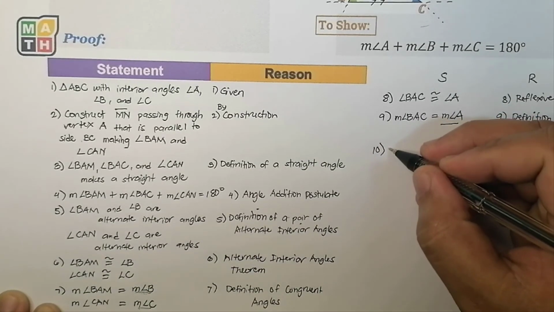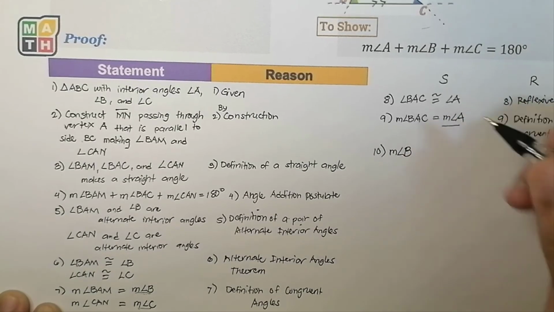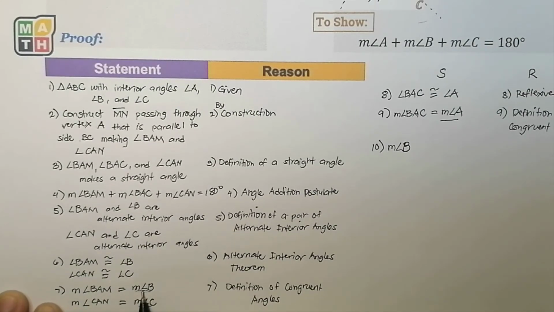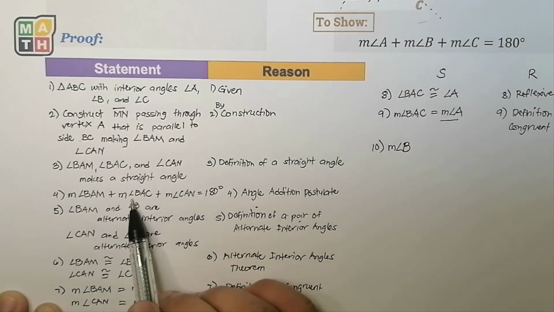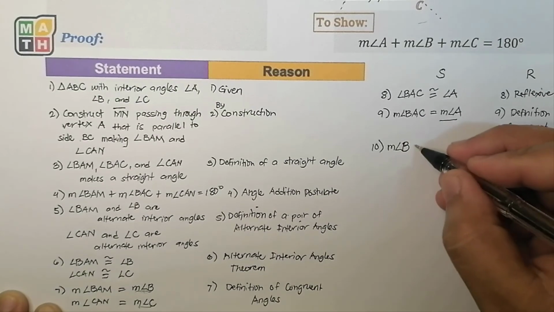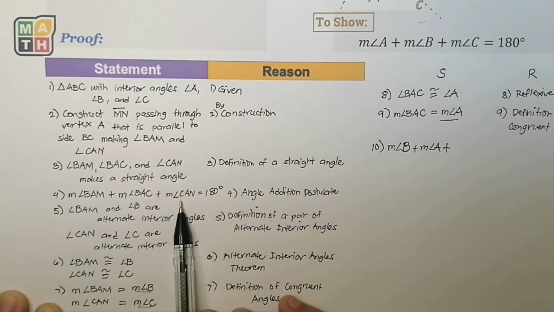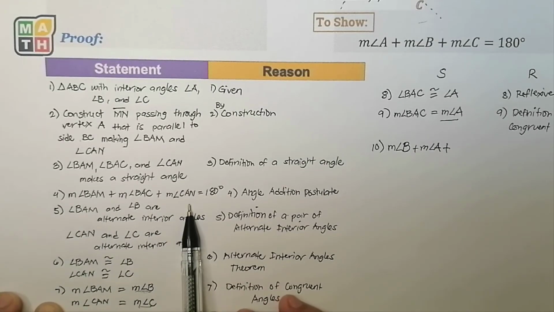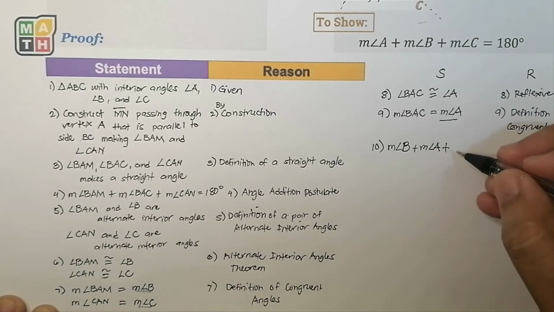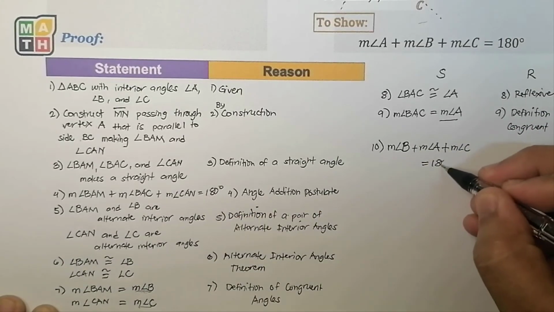The measurement of angle BAM is now measurement of angle B. Again, measurement of angle BAM is equal to the measurement of angle B. Then, measurement of angle BAC is actually the measurement of angle A, plus statement number 4, the last angle, the measurement of angle CAN, which is actually now given to us as angle C. Measurement of angle C be equal to, just simply copy, 180 degrees.